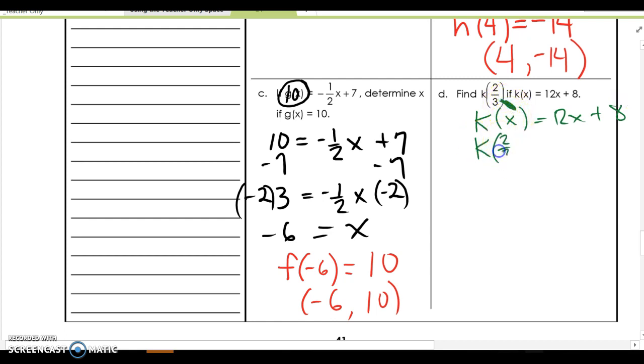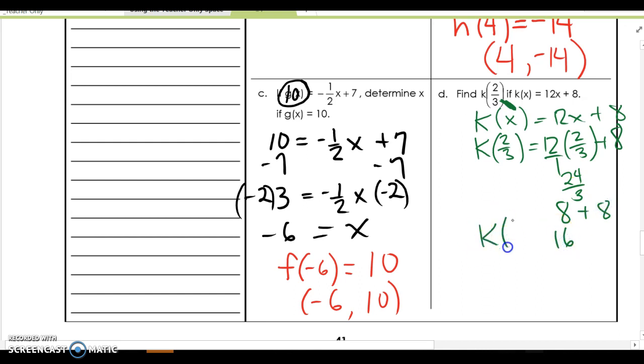So k of 2/3 means I'm going to put 2/3 in place of x and find the output. 12 over 1 times 2 over 3 is 24 divided by 3. 24 divided by 3 is 8. 8 plus 8 is 16. So k of 2/3 is equal to 16, which means when I input 2/3, my output is 16. So the ordered pair associated with that would be 2/3, comma, 16.